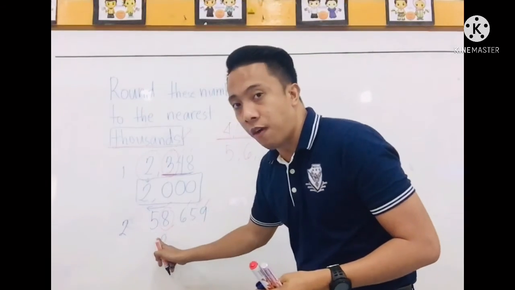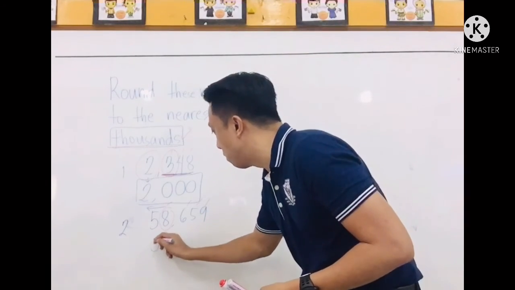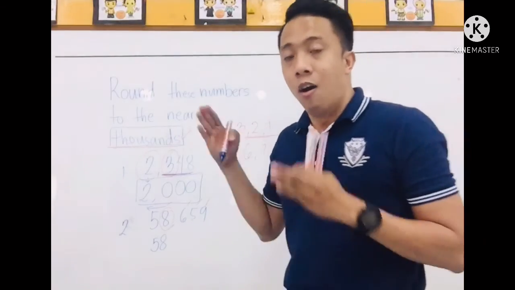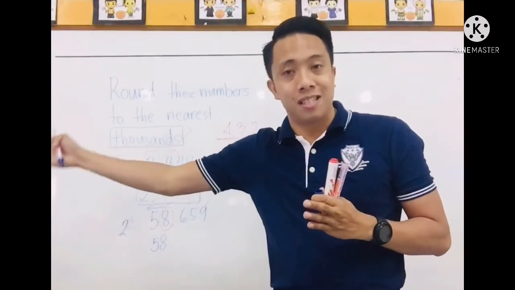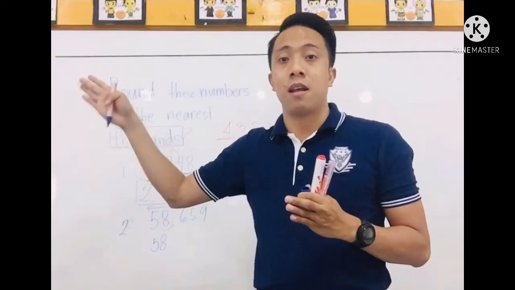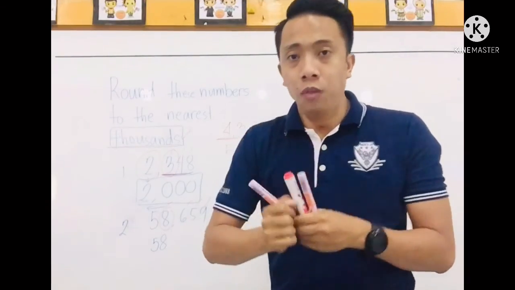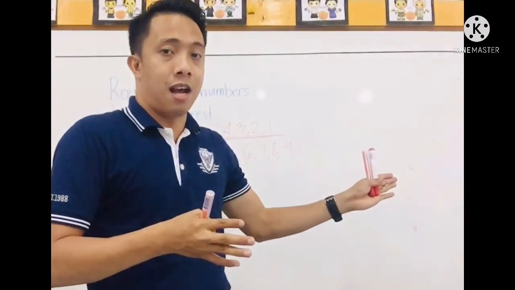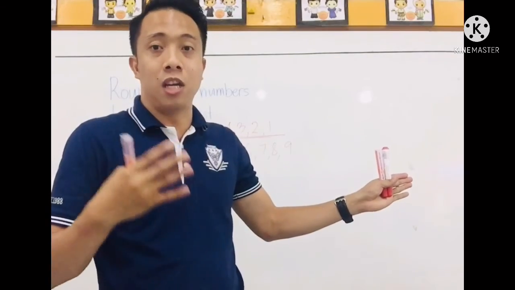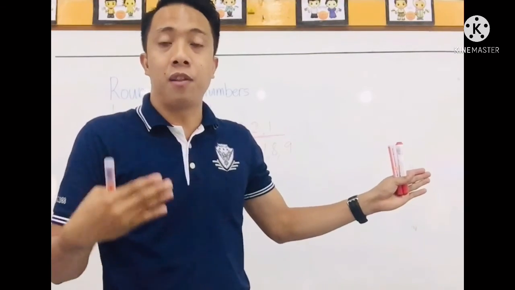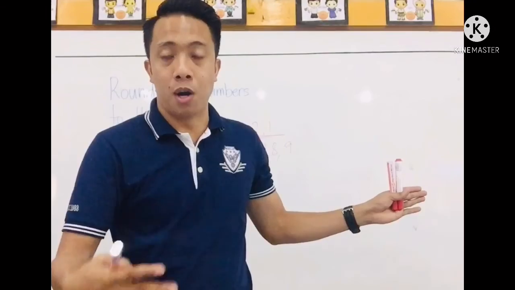So if this one is 5, then just copy also 5. Again, all the numbers on the left side, you will just copy. All the numbers on the right side, you need to change into 0 after you do the rounding.